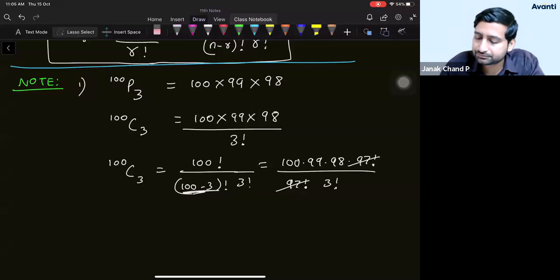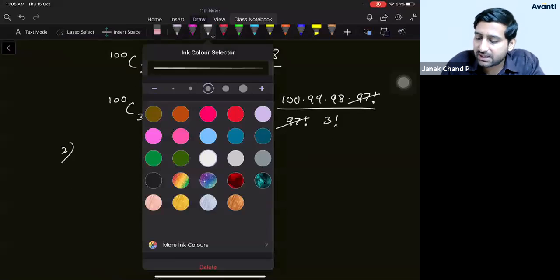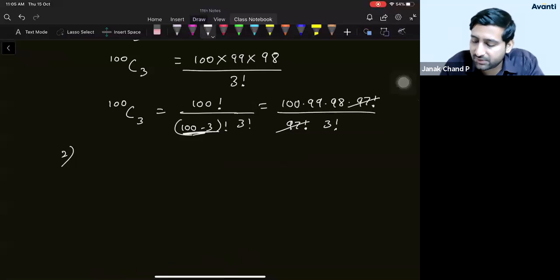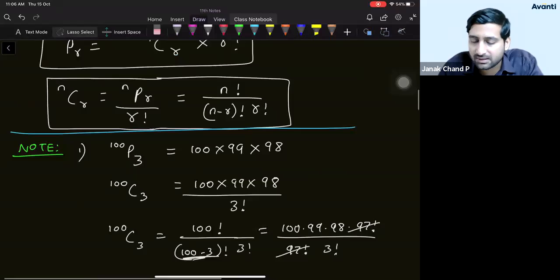Okay, fine. Next, second one. So the second one is, student, some special values of NCR, like we did for NPR. What is the value of NC0? The value of NC0 will be, student, n factorial divided by n minus 0 factorial into 0 factorial. I want you guys to memorize this. The formula for NCR is what, student?